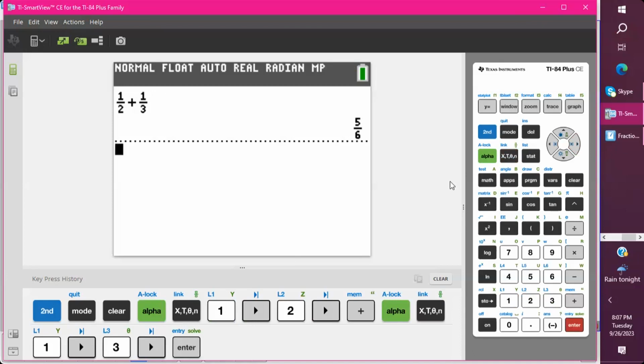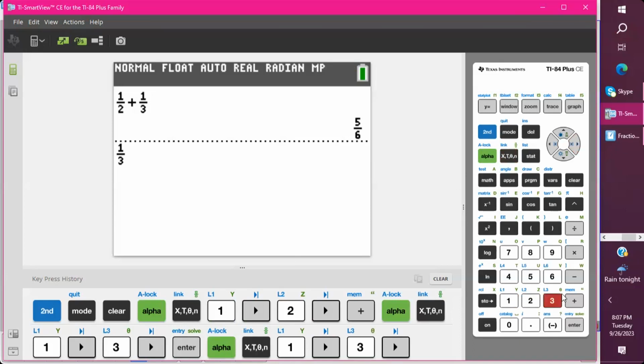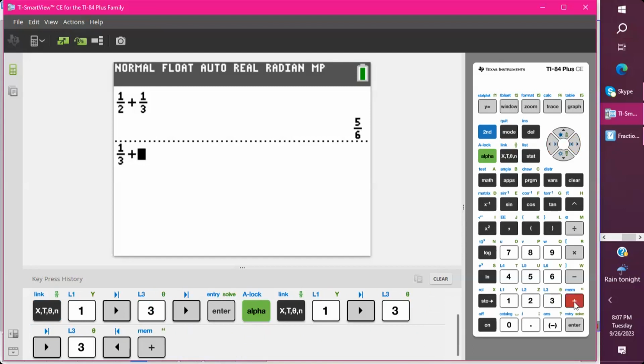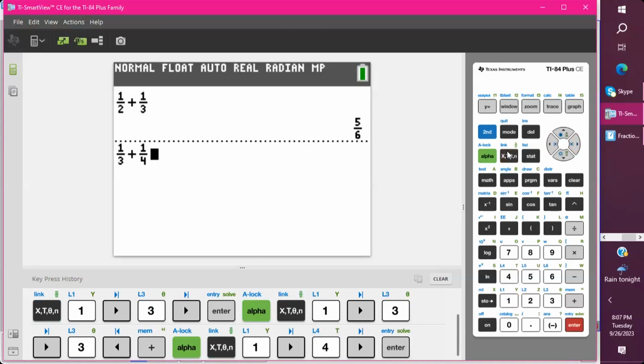Okay, simple enough. Okay, I'm going to type in the next one. And Dawn, if people have comments or anything at any time, let me know. 1/3 added, whoops, I hit the 3 instead of the plus sign with my fat fingers. The fraction of 1/4 now. Hit enter, get 7/12. Might start to see some similarities.